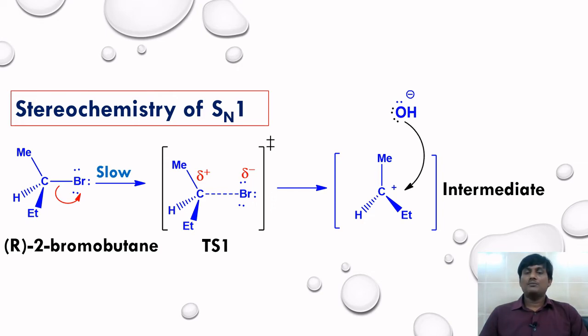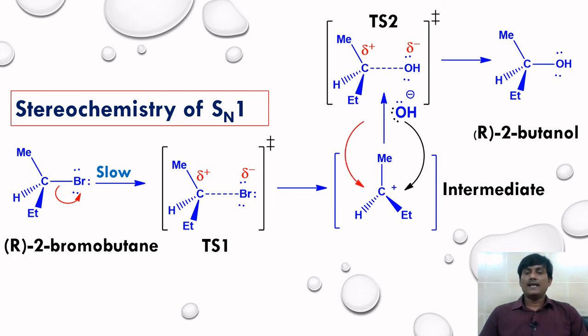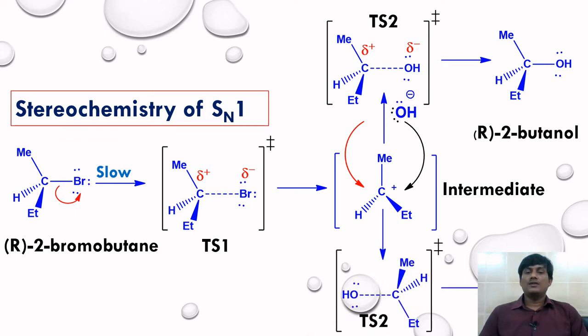When it attacks from the front side, there is a formation of transition state 2, and this one converts into product with the retention of configuration. When OH minus attacks from the back side, you will get this type of transition state, and finally this one forms S-2-butanol with the inversion of configuration. So in SN1 you find both retention and inversion of configuration at the reaction center.